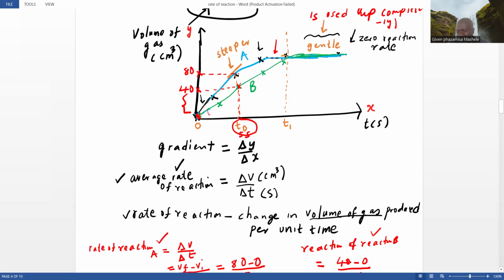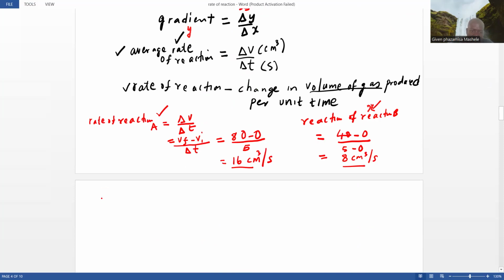What could be the possible reason? Because of the gradient. The steeper the gradient, the higher the reaction rate. The steeper the graph, the faster the reaction.